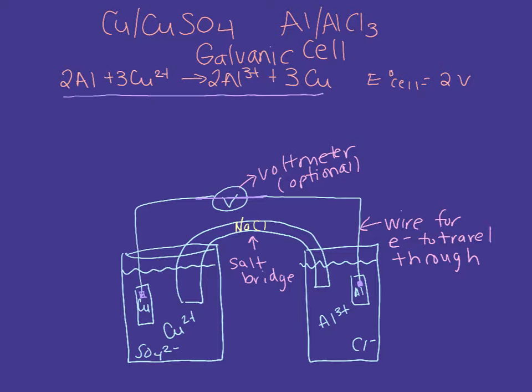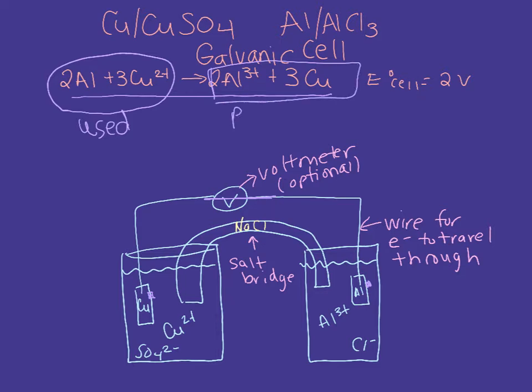All right, so let's talk about what's really going on here. But how we understand what's going on has to be based on this chemical reaction. That's super critical. So let's look at what the reaction is telling us. The reaction is telling us that these things on the reactant side are getting used up because they're reactants, and these will be produced.